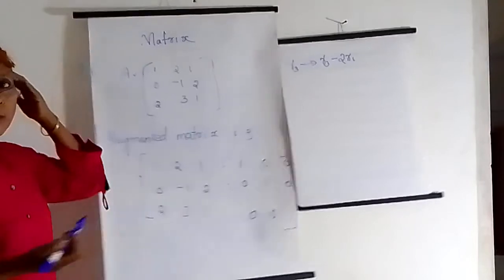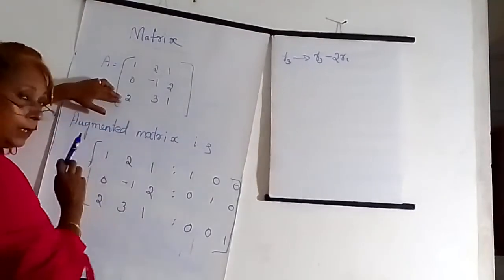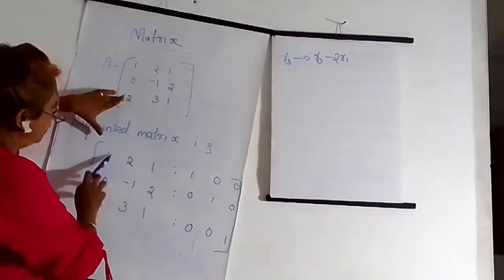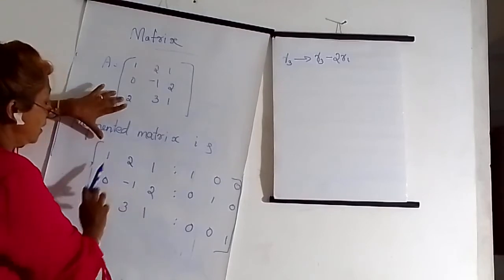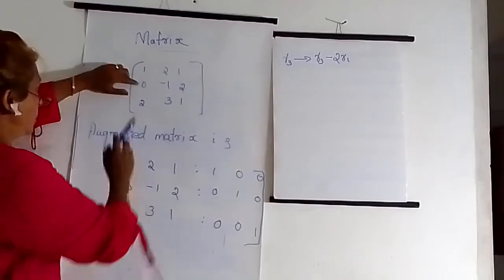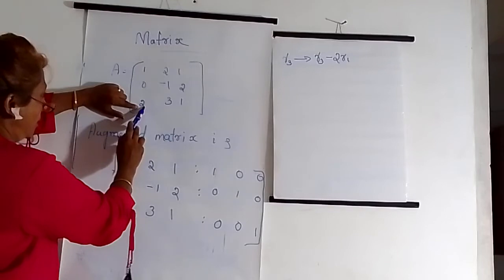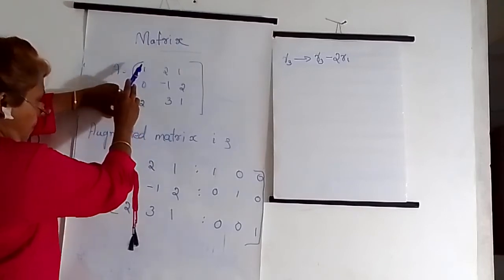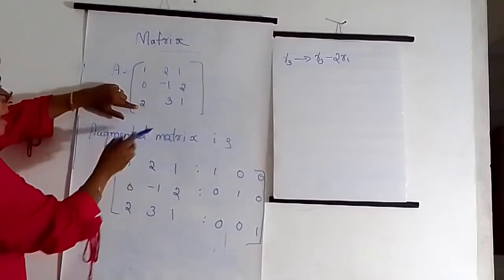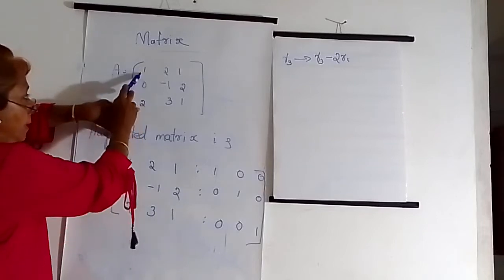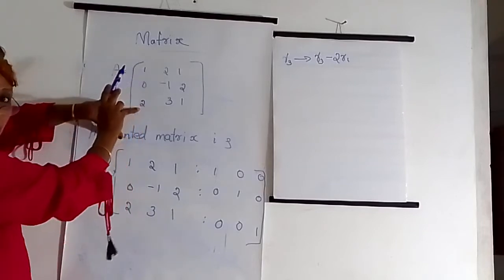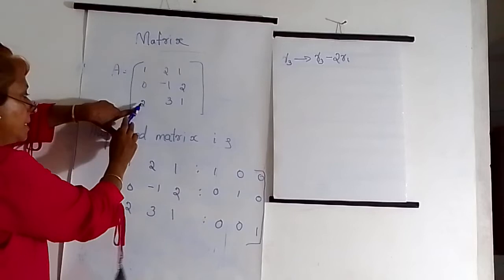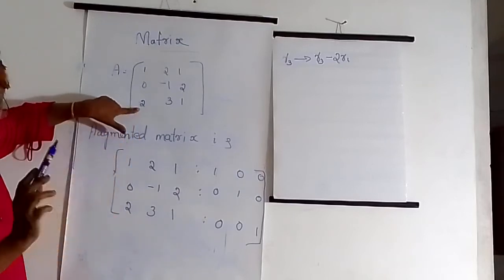Why are we doing that? Our aim is to make 0 below the diagonals and above the diagonals also. To make it 0 here, if this one is multiplied by 2, it will be 2, and that 2 can be subtracted from this 2, it will be 0.